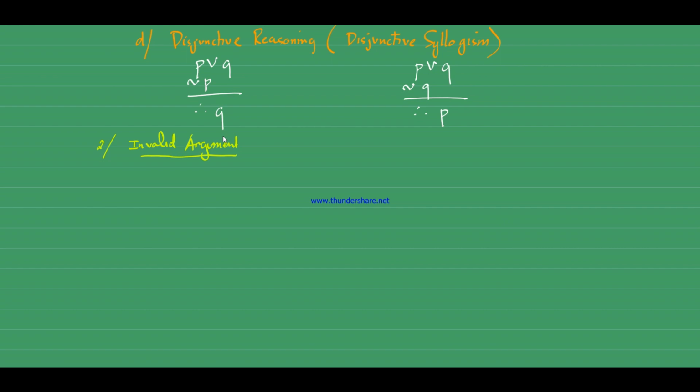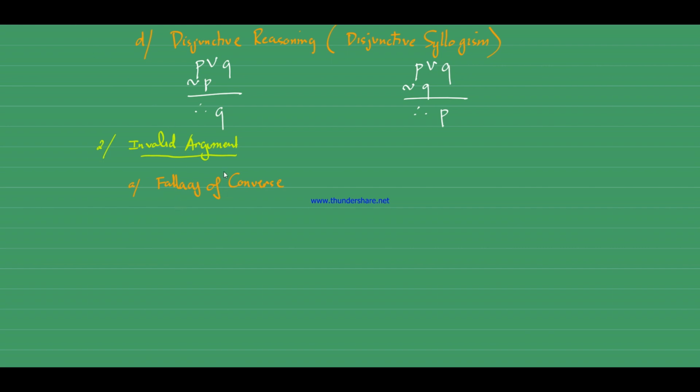The first invalid argument, we call the fallacy of the converse. This one doesn't have another name. So the fallacy of the converse goes like this.